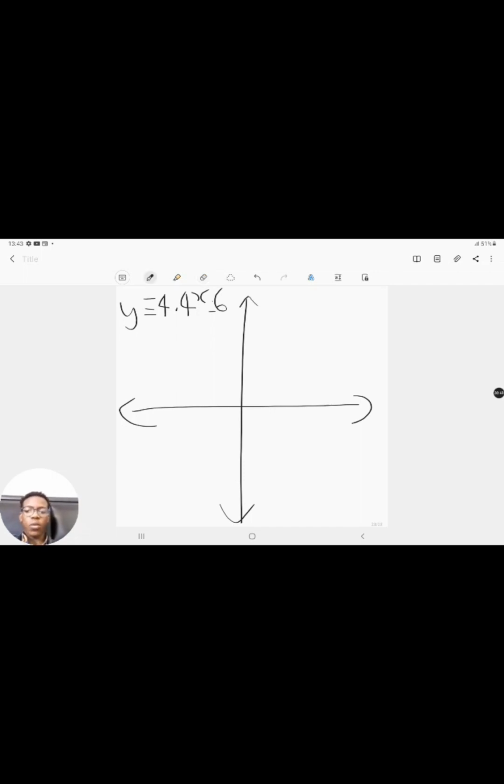Now let us work our way through this problem.